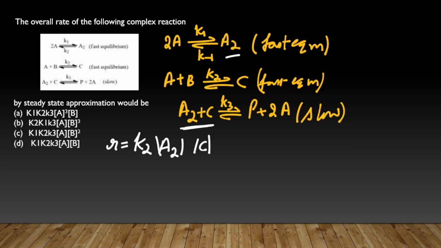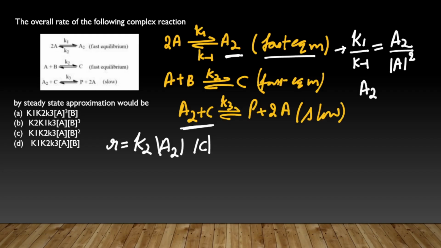So the A2 concentration we can find using this fast equilibrium, that is the rate constant K1 upon K inverse equal to the product, which is A2, upon the reactant, which is A, and its power will be 2, which is the stoichiometry given to us. So from here the A2 value we get as K1 upon K inverse into A square. So this is going to be the A2 concentration.